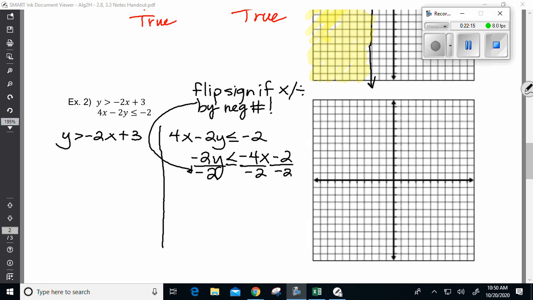That's huge. So y is greater than or equal to 2x plus 1. Definitely don't forget that.